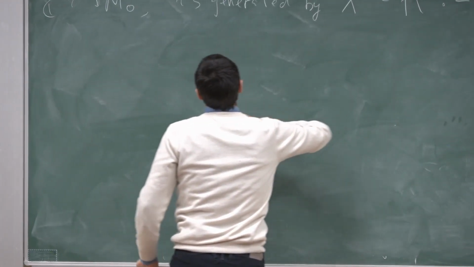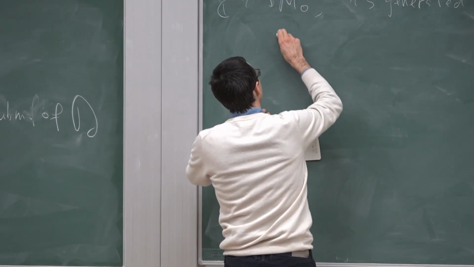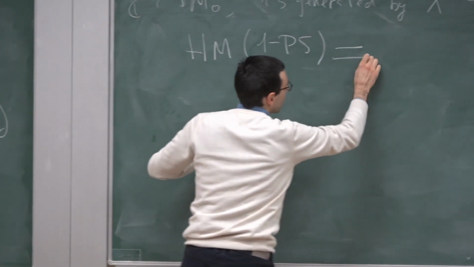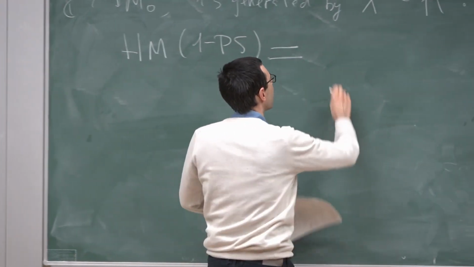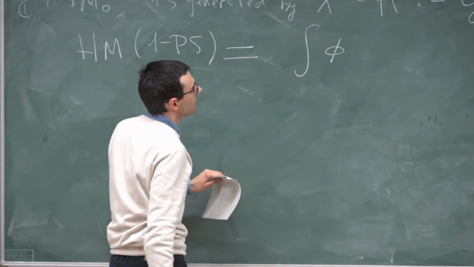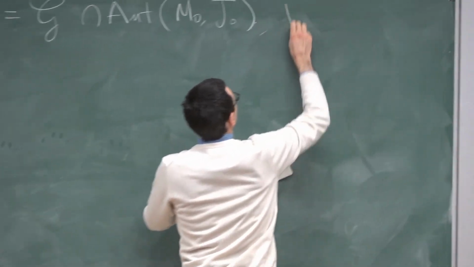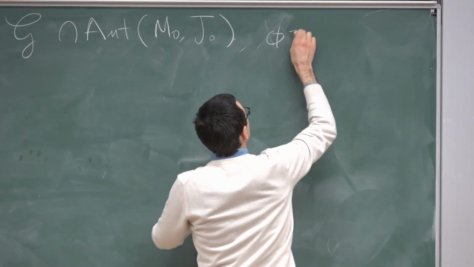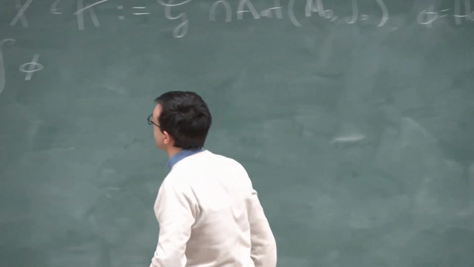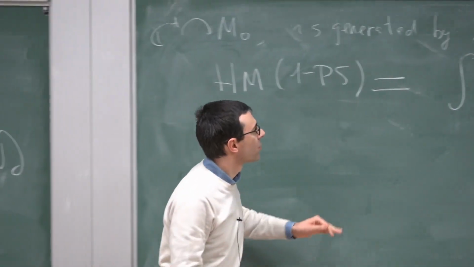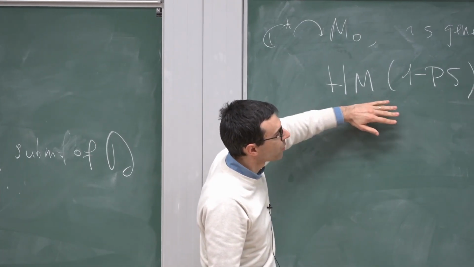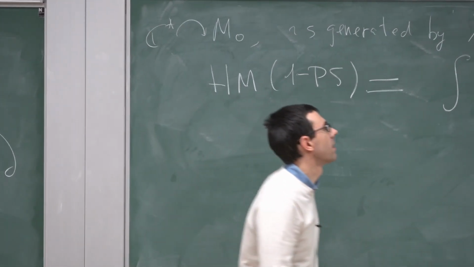So this is Hamiltonian in particular, and so the Hilbert-Mumford weight for this 1PS can only be this pairing between the Hamiltonian phi, which generates, phi is the Hamiltonian of this X. I said that if you look at the Kempf-Ness theorem, you realize that the Hilbert-Mumford weight is just the moment map evaluated at the special point.